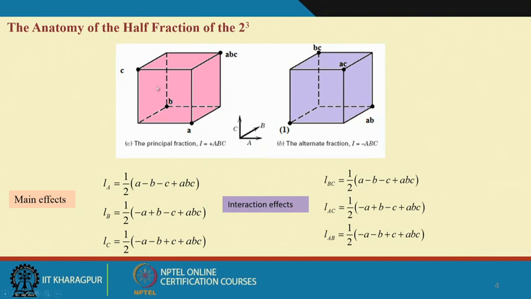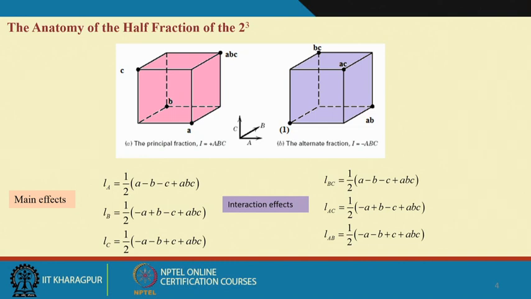Now you have to find the effect of A, B and C, the main effects. Instead of writing A equal to this, here we are writing LA, LB and LC. It has a specific purpose, which will be known to you a little later.